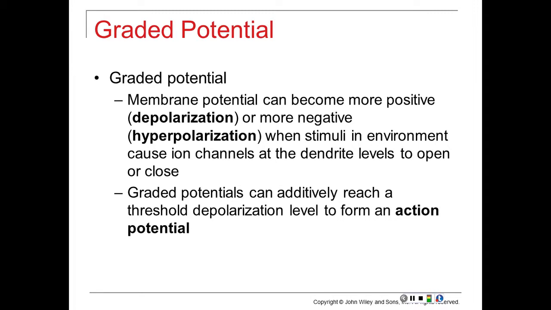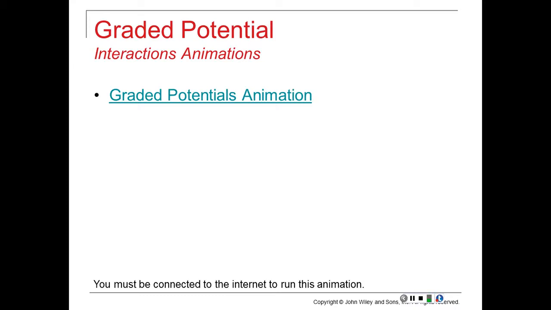If the graded potential allows enough change or enough depolarization with our cell, in other words, our cell gets closer to zero or less negative, then an action potential could occur. We say that that reaches threshold in order for that action potential to occur. Here's an animation about graded potentials.